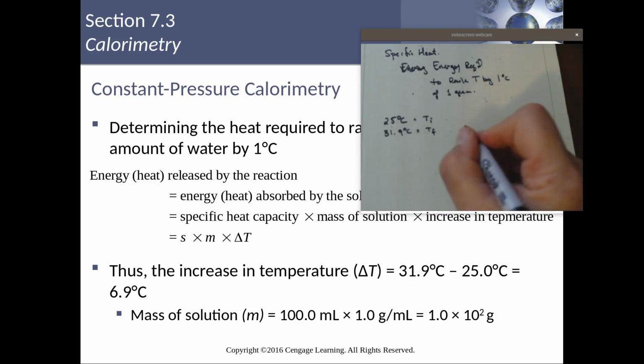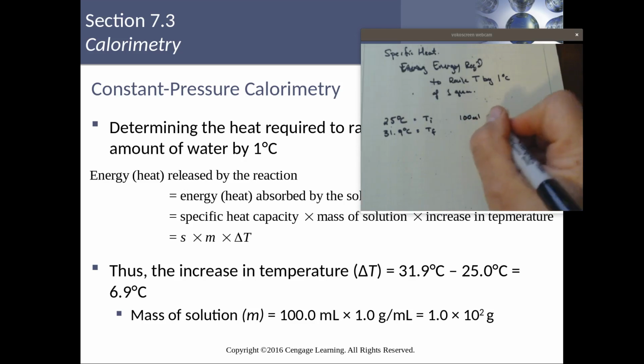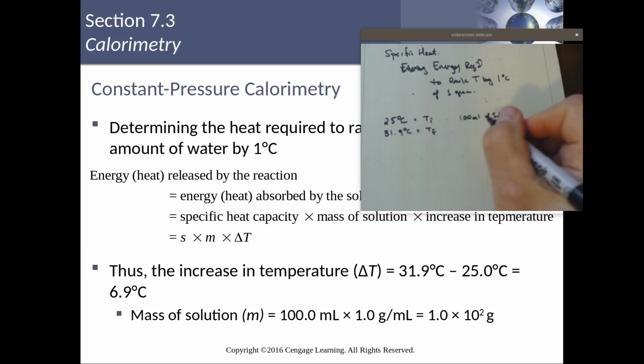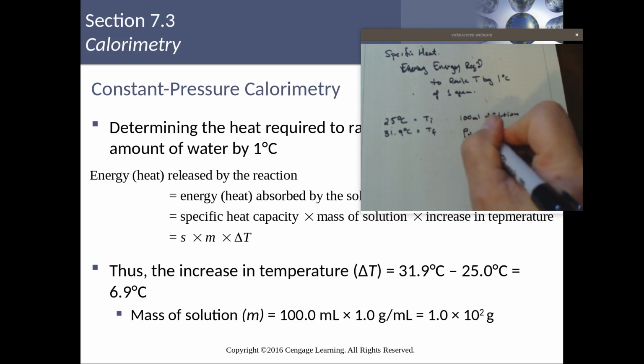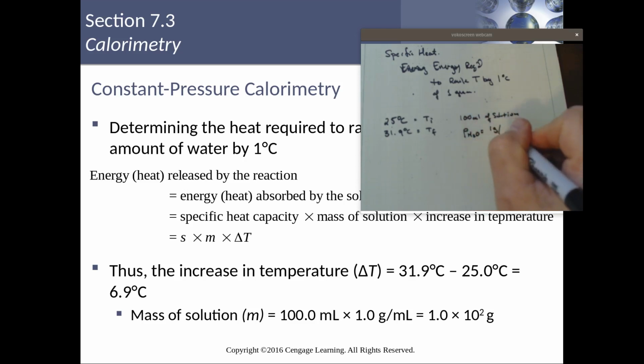So in other words, I have 100 milliliters of water, or since this is water at 25 degrees Celsius, the density of water is 1 gram per milliliter. So let's say rho water. Or in other words, I have 100 grams of water.